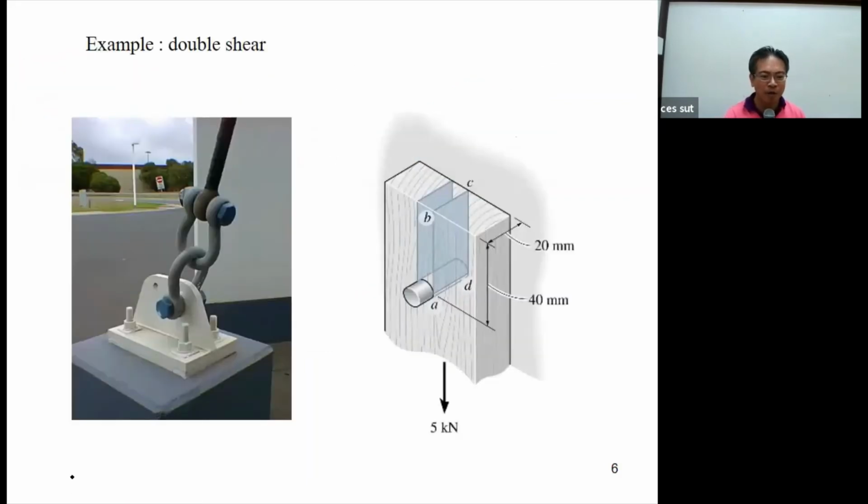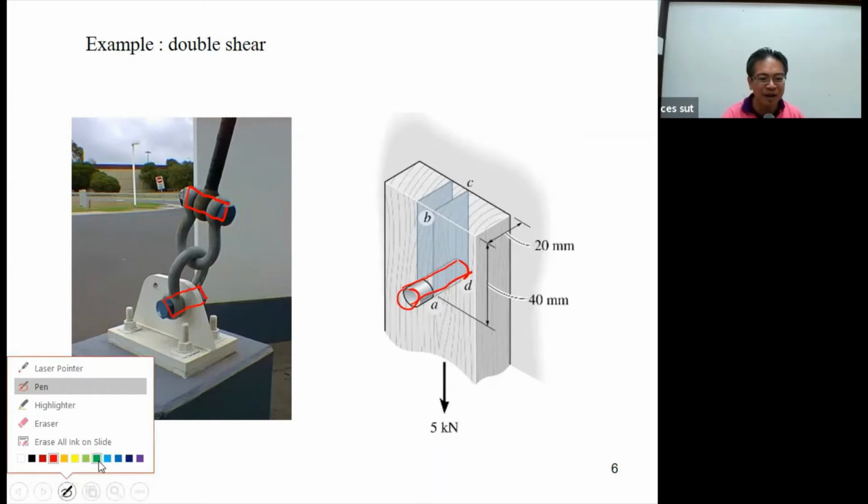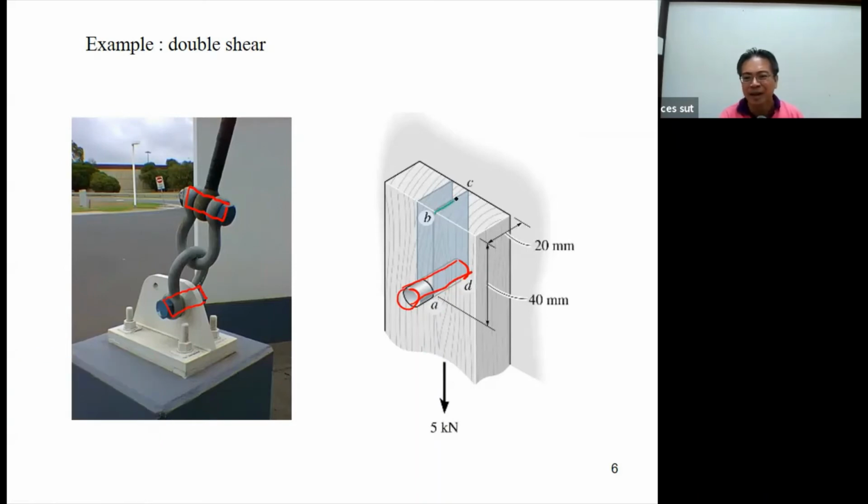Now the bolt over here is going to be the example of the bolt that is in double shear. However, the bolt over here, let's show here, this here is going to be in single shear. Okay, so the bolt can be double shear and single shear. And at the same time, if you consider the timber, you may see by using this one, the failure plane of this timber has two failure planes here.